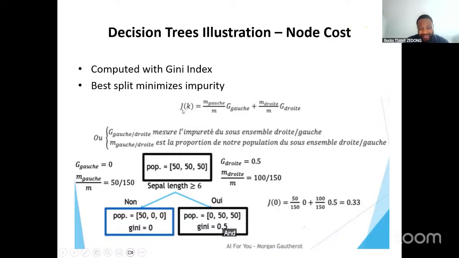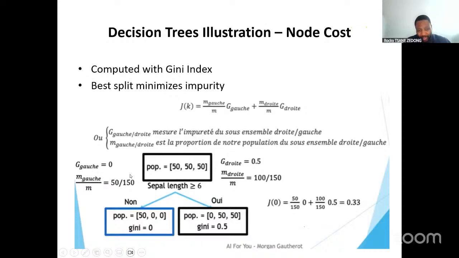For this cost, we have to evaluate the cost on the left and the cost on the right, and you make the addition. So here the cost is 0 because we have a Gini of 0.